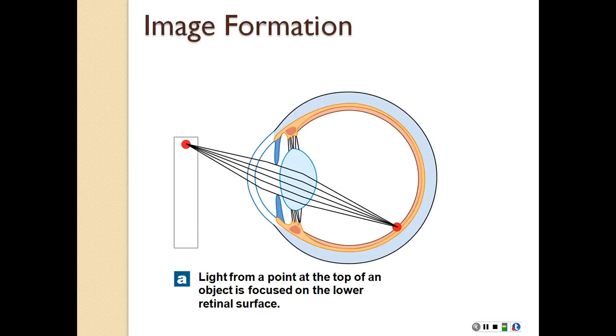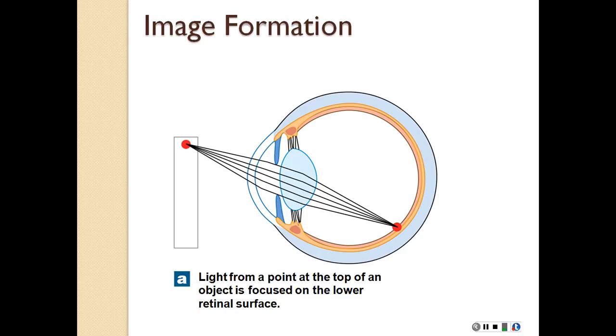Image formation: light from a point at the top of an object is focused on the lower retinal surface. And that should be obvious. If you look straight ahead, you're not looking at the ceiling, but you can see the ceiling, right? So the light rays from the ceiling are coming at an angle, so they fall on the lower portion of your retina.